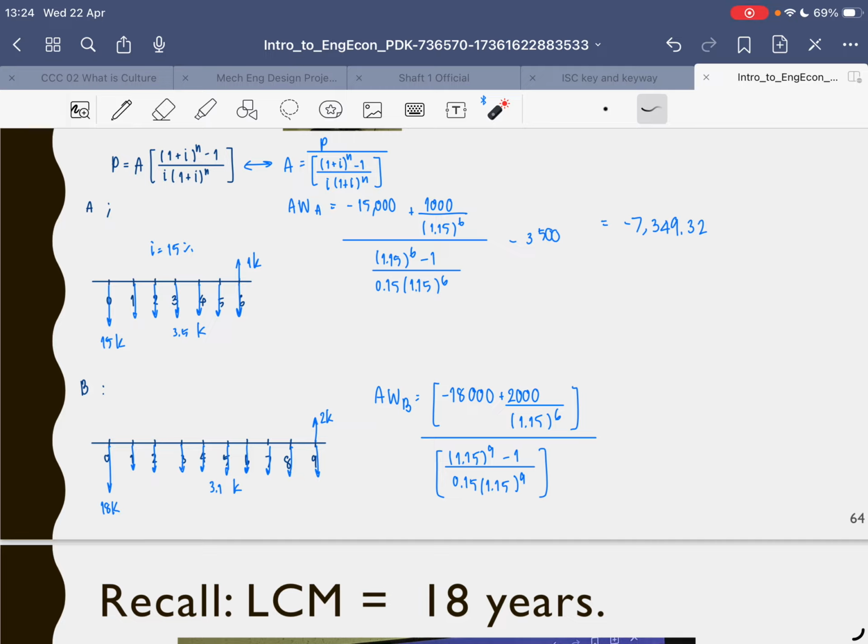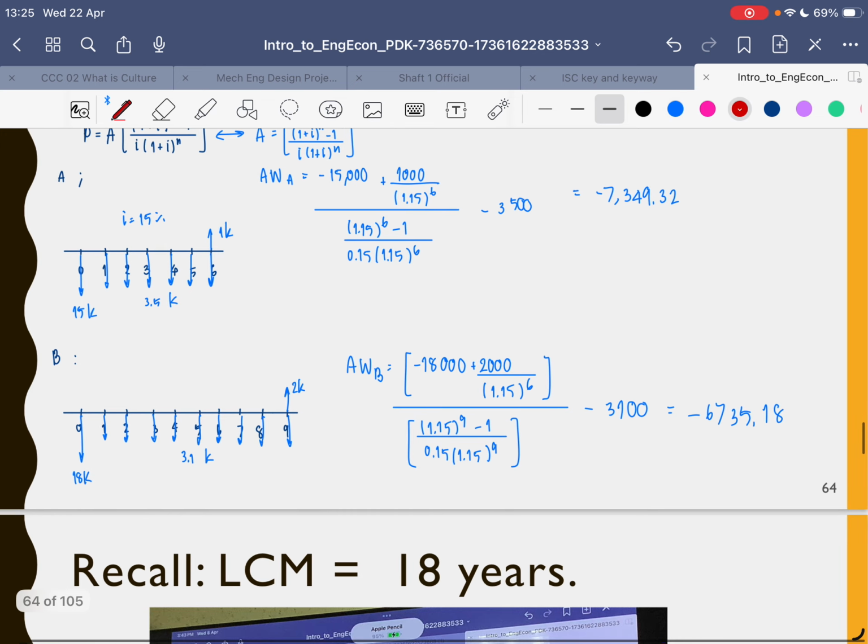And then I have the annual cost, which is 3,100. And if I did it correctly, you will get minus 6,735.18. Therefore, since B is greater than A, select option B.